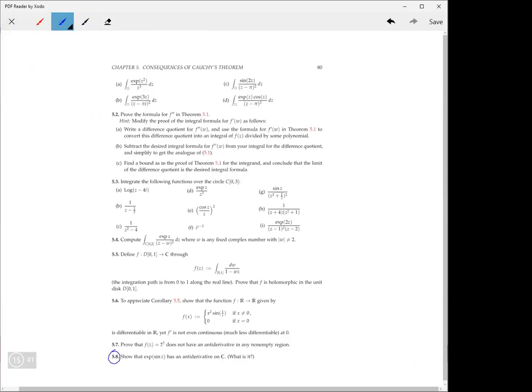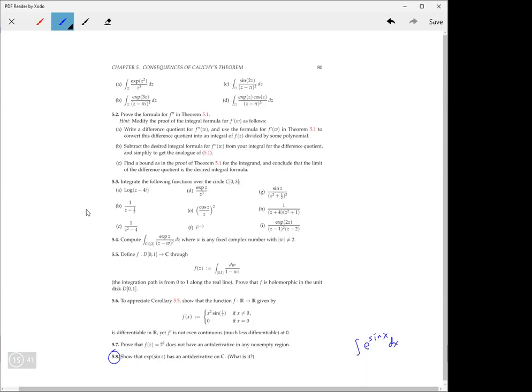One of the exercises, number 5.8, says show that exp of sine z has an antiderivative on the complex numbers. It's like in calculus when you're asked to take the antiderivative of this and you think, what? If you put this into Wolfram Alpha, they probably wouldn't be able to give you an antiderivative. So coming up with it is not going to work.